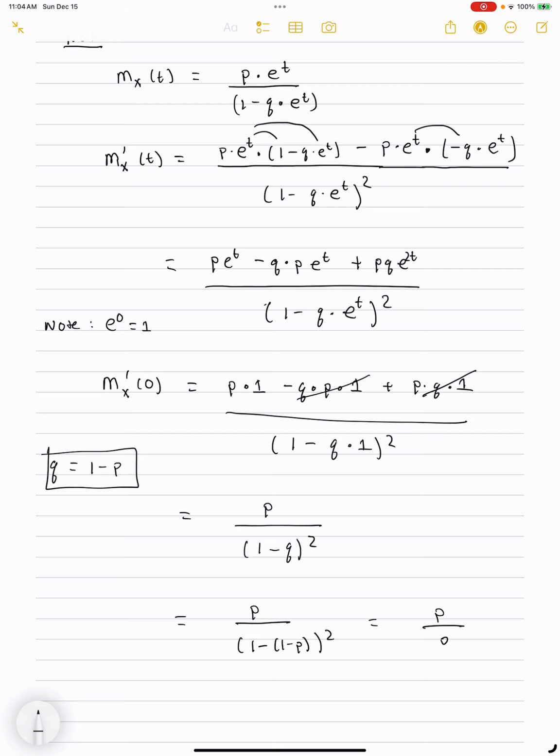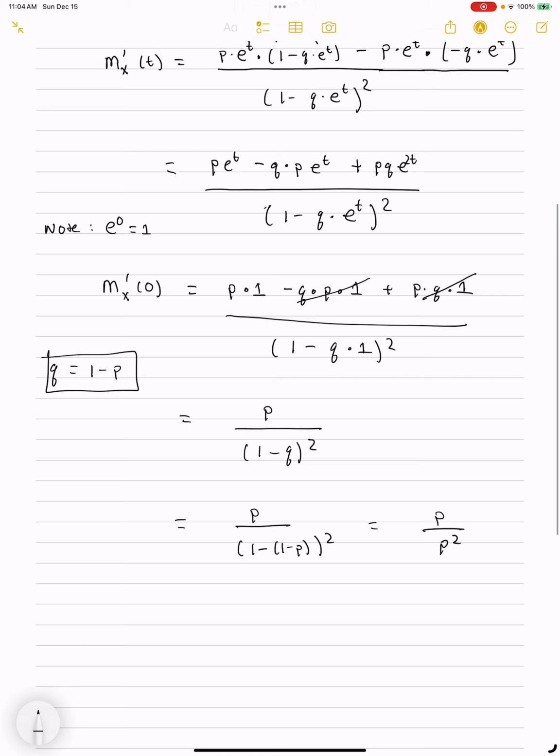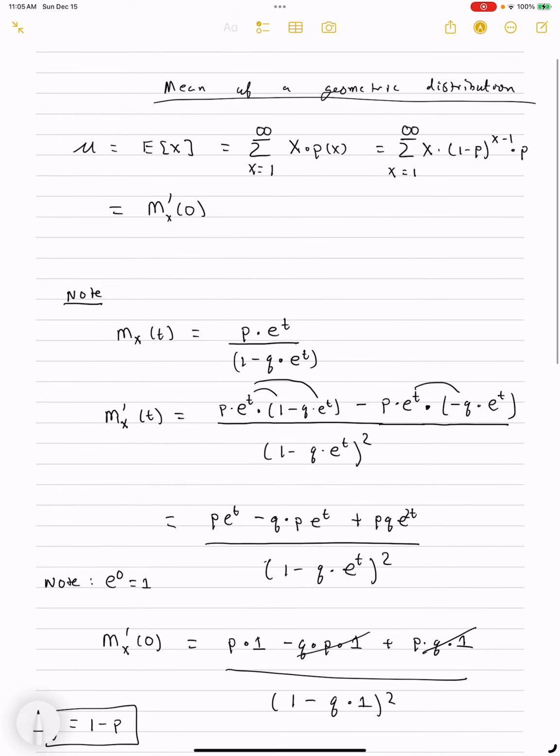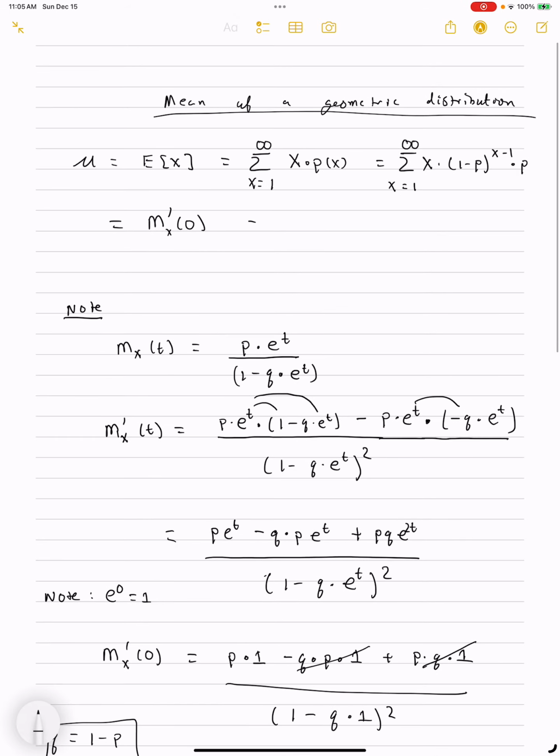This will be p over p squared, and that gives me 1 over p. Okay, that means that this is the mean, it's the expected value, and I'm just going to go back up here to the top. This will be equal to 1 over p. Okay, so the mean of a geometric distribution is 1 over p.